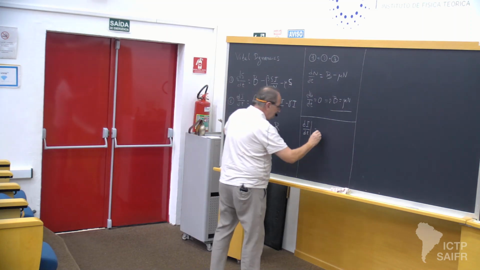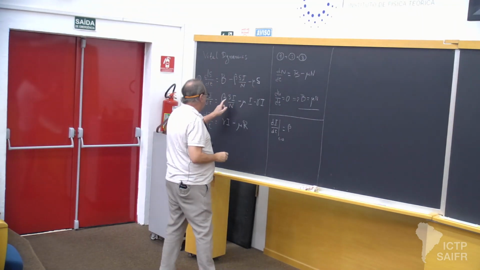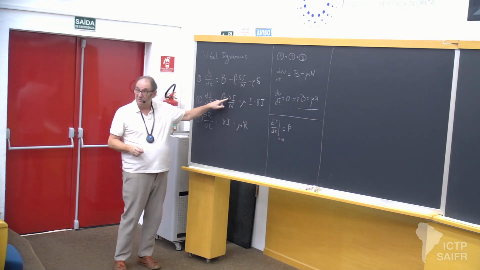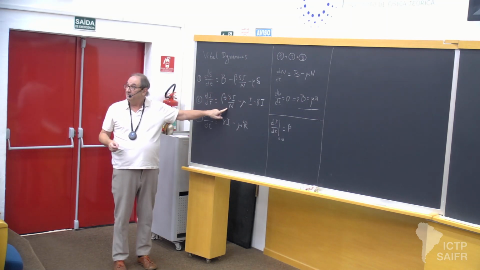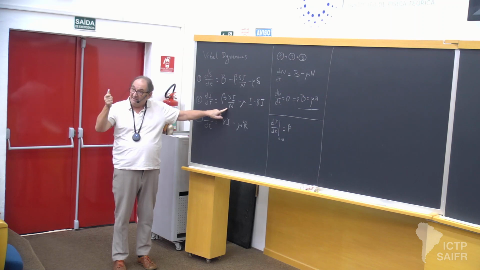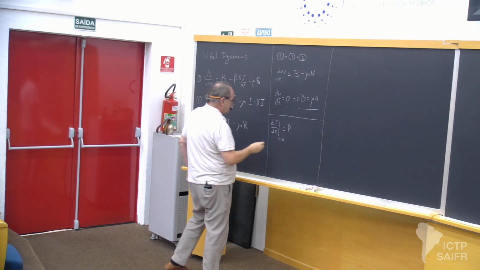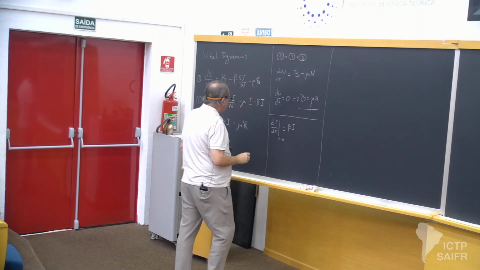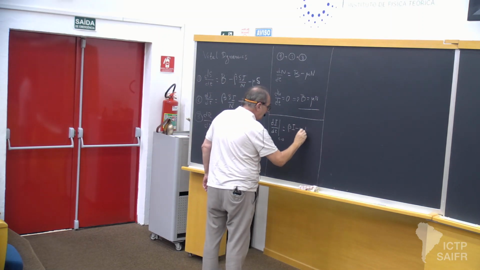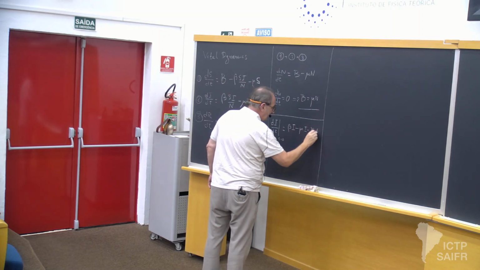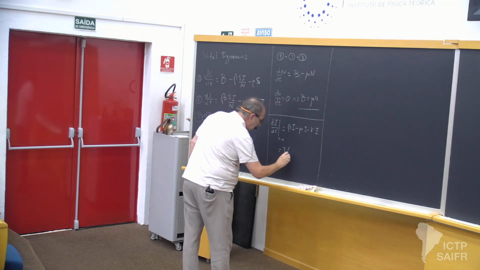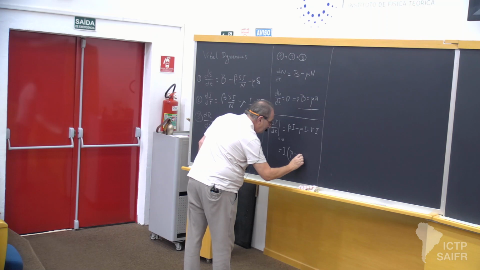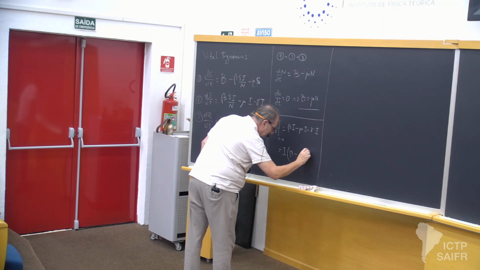It will be beta, and S is supposed to be equal to N at the beginning, because everybody is susceptible at the beginning. So you have beta times S times I over N, minus mu times I, minus gamma times I. Oh, that's nice, because this is just I multiplied by beta minus mu minus gamma.